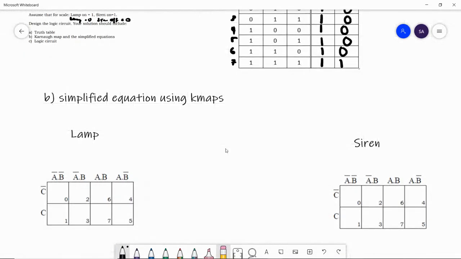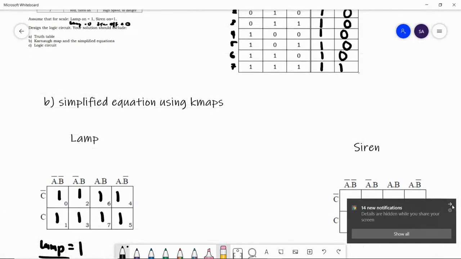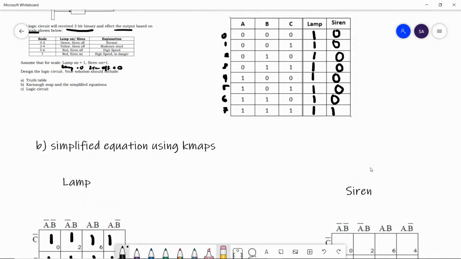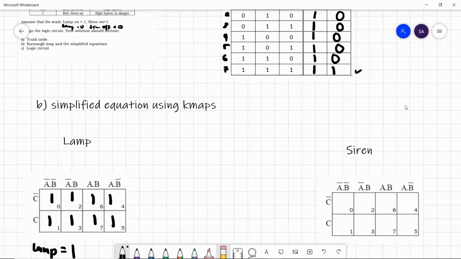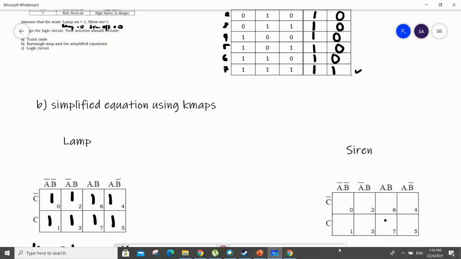For the lamp, all are one. So all are one, so your lamp equals 1. And for the siren, you have here A, B, C, or the 7. It's okay to use a K-map, since we are using K-maps anyway. So your siren equation is A dot B dot C.